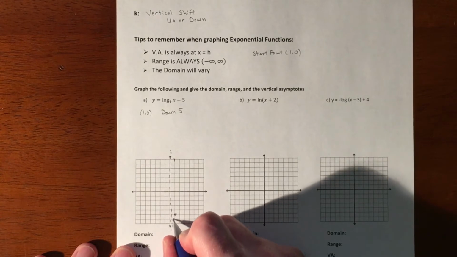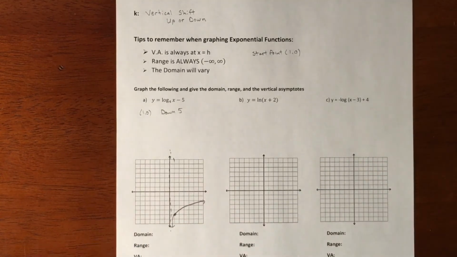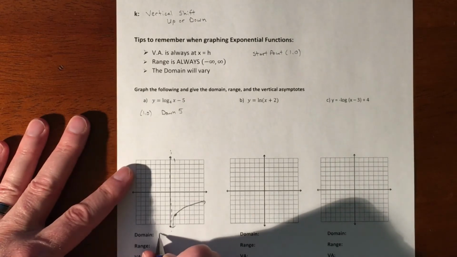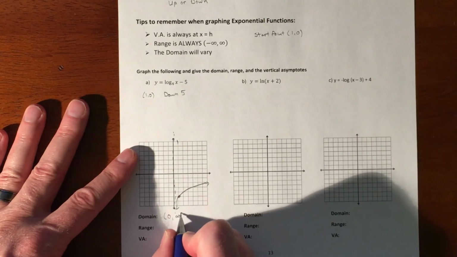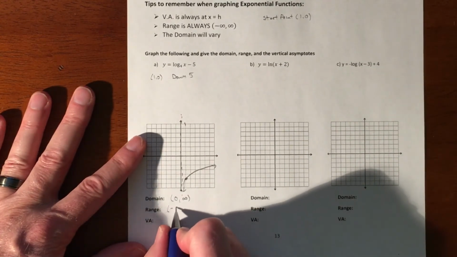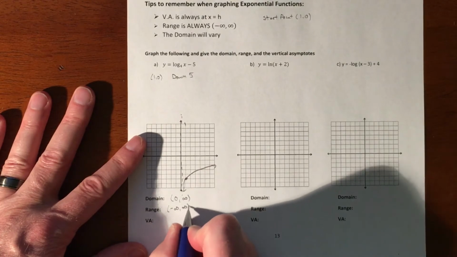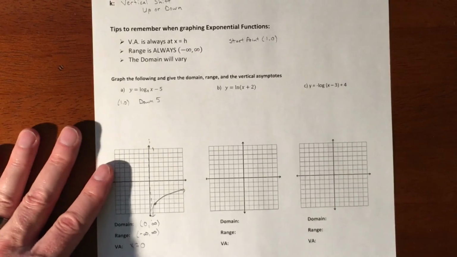And so that's just kind of a quick, rough sketch of that log. Our domain is going to be from 0 to infinity. All right, and then our range is always negative infinity to infinity. And then our vertical asymptote is x equals 0.